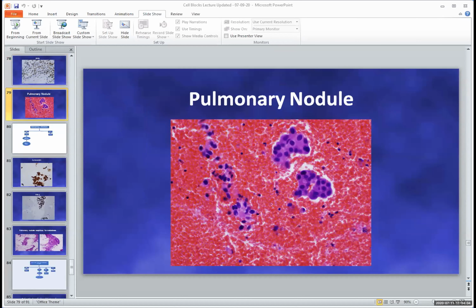Now, a more common question I run into is a pulmonary nodule, maybe single, sometimes multiple. This was a single pulmonary nodule. The clinicians, or the radiologists, favored that this was a pulmonary primary. We can look at it on the cell block material, and it's quite clear it's a non-small cell carcinoma of some type.